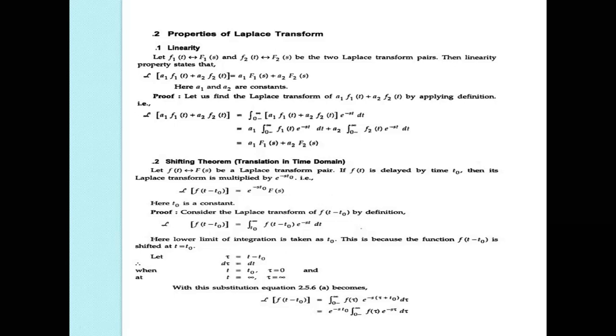We have to prove them in the same way, using the definition of the Laplace transformation, as we did for the Fourier transformation and the Fourier series. Linearity property, time shift property, frequency shift property, differentiation property, convolution property, modulation property, integration property, Parseval's theorem.